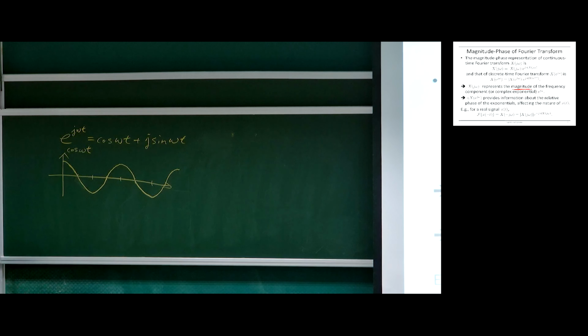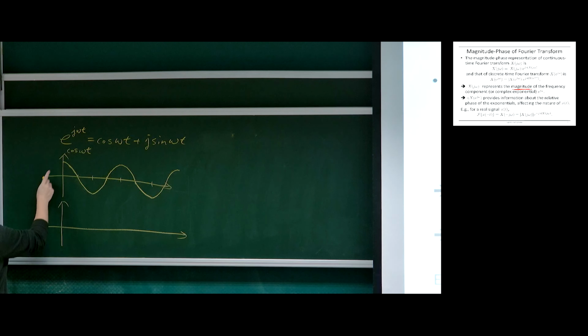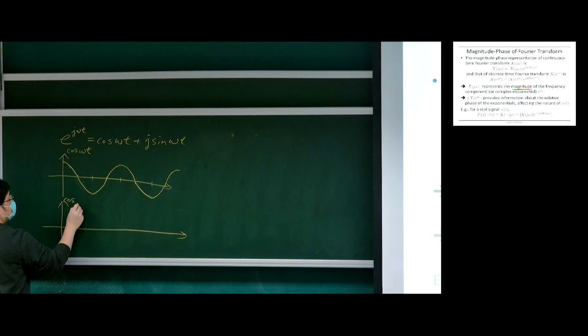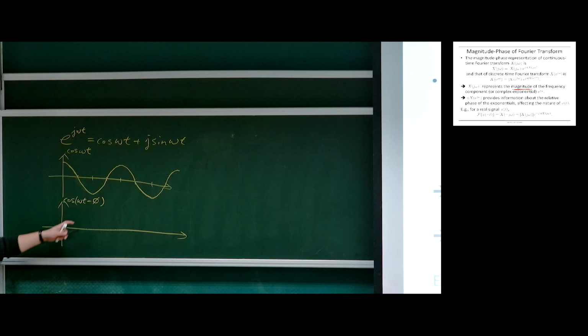Now, what is a phase shift? Suppose that now you shift the sinusoid by phi. So instead of cosine omega t, you get cosine of omega t minus phi. Suppose you have a phase shift of minus phi. So what does this mean?